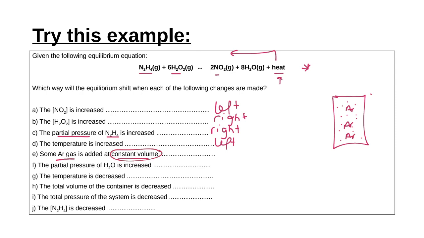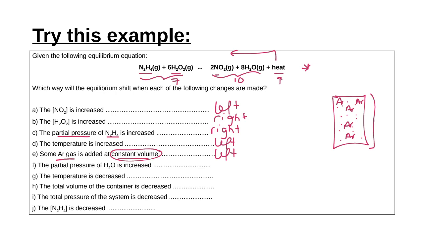So it means that nothing has happened here with the size of the container. The system itself thinks that it's gotten smaller because those argon molecules are now taking up space in there. So the system thinks that there's less space. And if there's less space, it's going to shift to the side that makes less molecules. And right here, I've got 7 molecules in total, or 7 moles, and there I have 10. It's going to shift to the left.